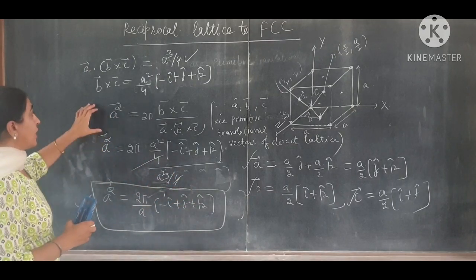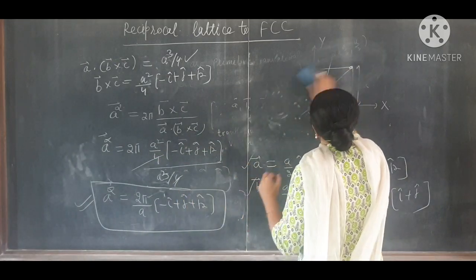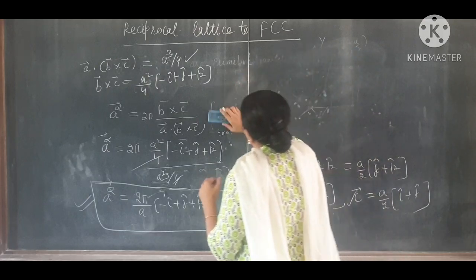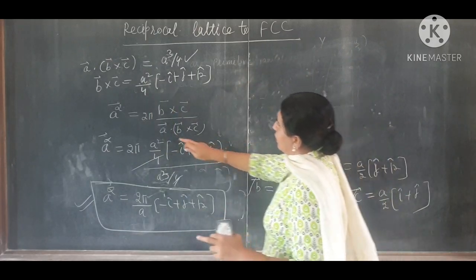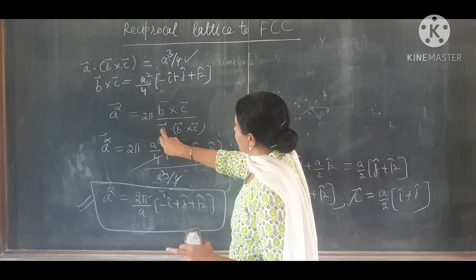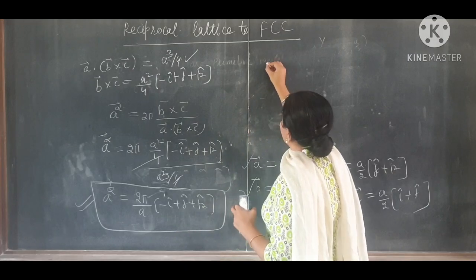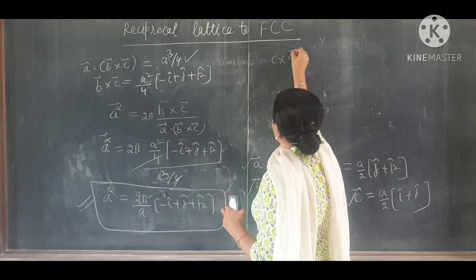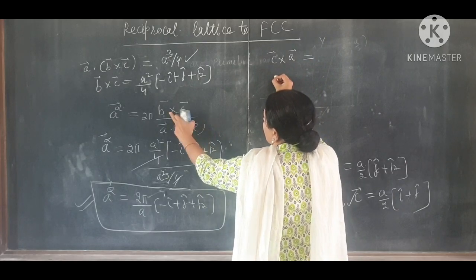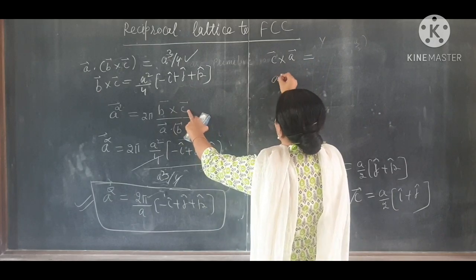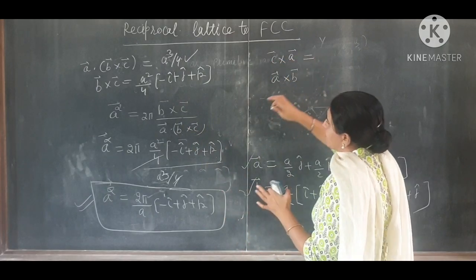Now we want to find out b star. For b star you want here c cross a, and then a cross b for the other values.